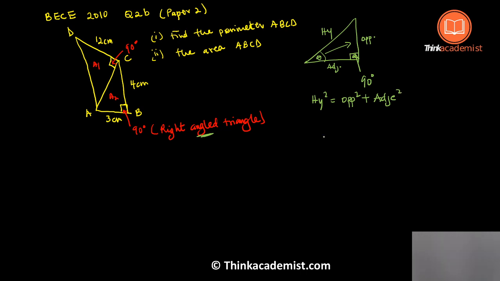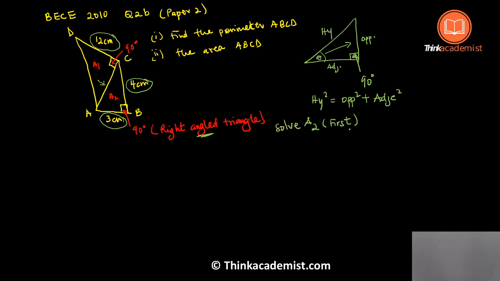If I look closely, this one has only one side given, but this one has two sides given, so I can use the two sides to find this side. We are going to solve A2 first.